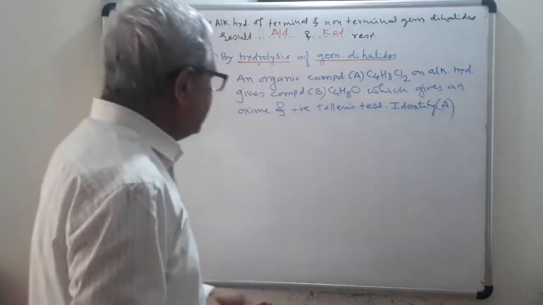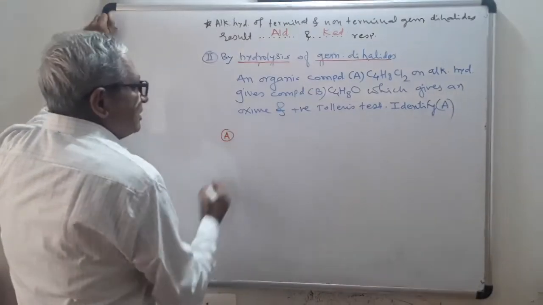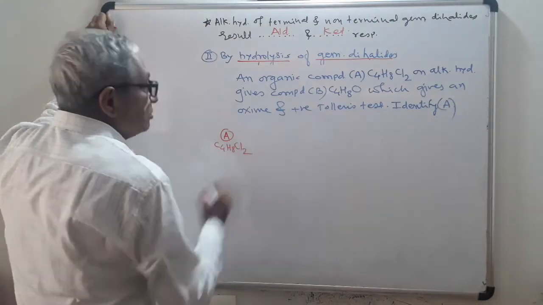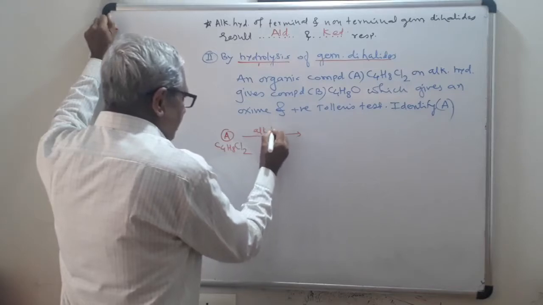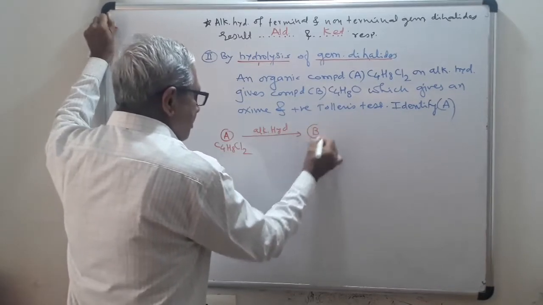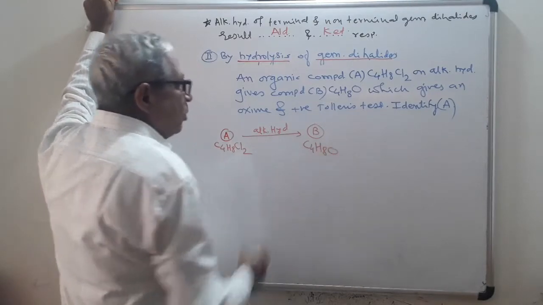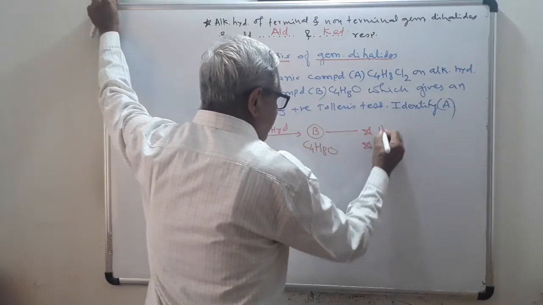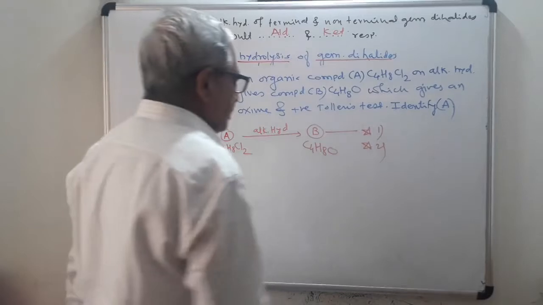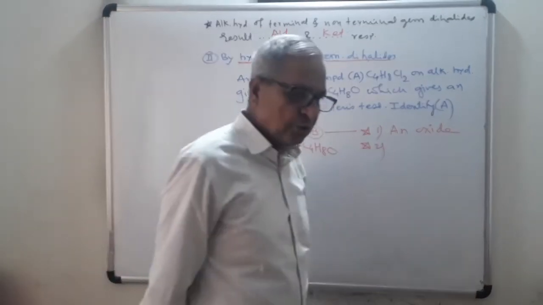Now see, this reaction is shortly written as: this is your A, which has the molecular formula C4H8Cl2. This on alkaline hydrolysis gives the compound B, which has molecular formula C4H8O. For this compound B, two very important conditions are given. It gives an oxime with hydroxylamine NH2OH.